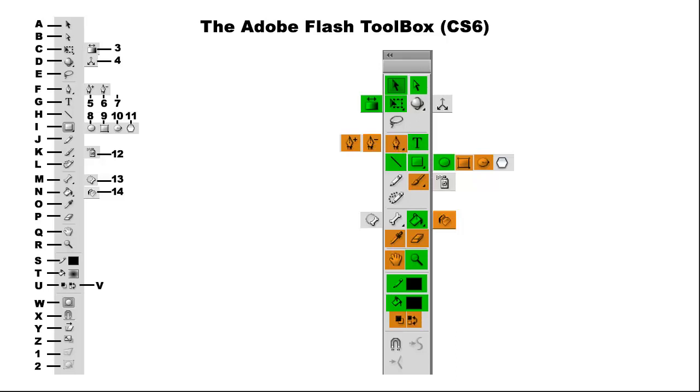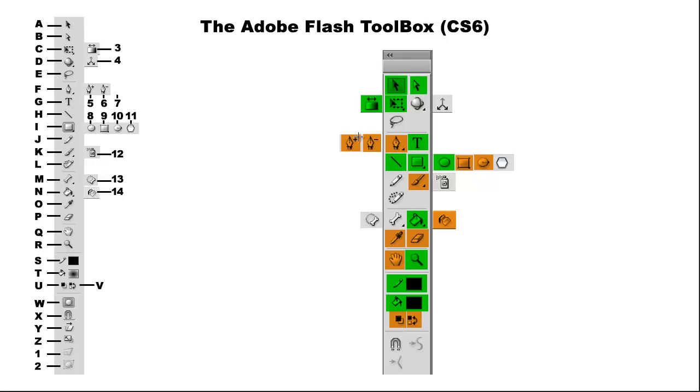Now if you've taken Photoshop from me, you know that I say in Photoshop the pen is one of the most important, if not the most important tool for making selections around objects. And so I really emphasize using the pen in Photoshop. Not so much in Flash. Since everything in Flash is already object-oriented or vectored, the line, the rectangle, and the oval tools are really what I use for drawing, much more so than the pen tool.